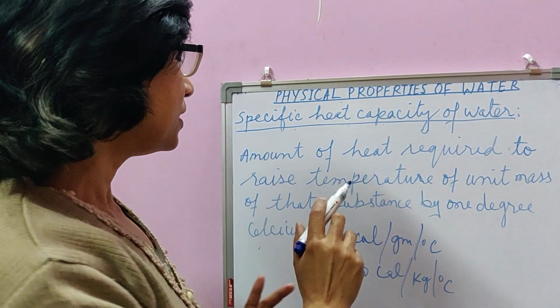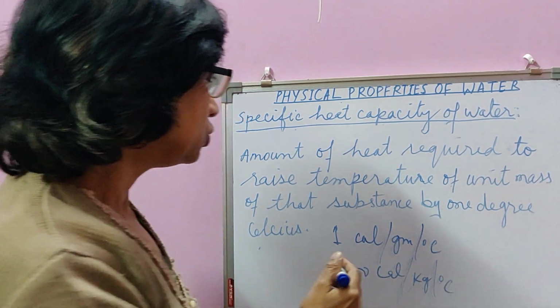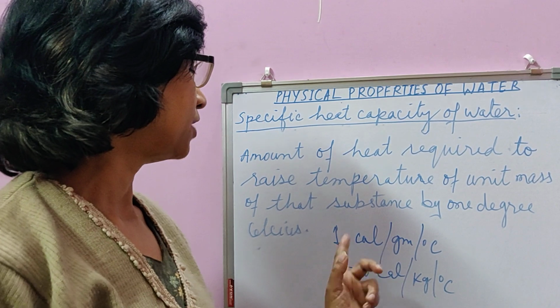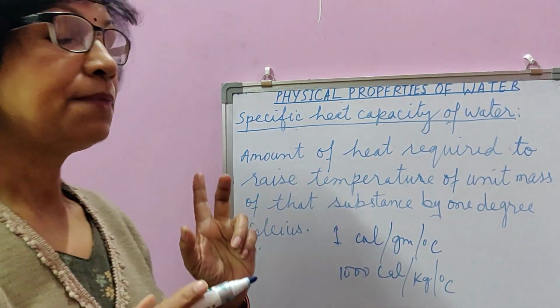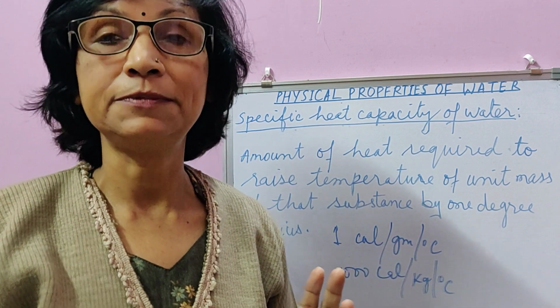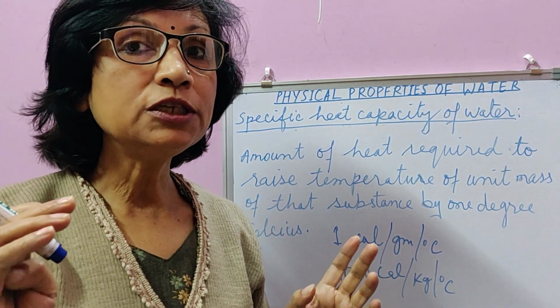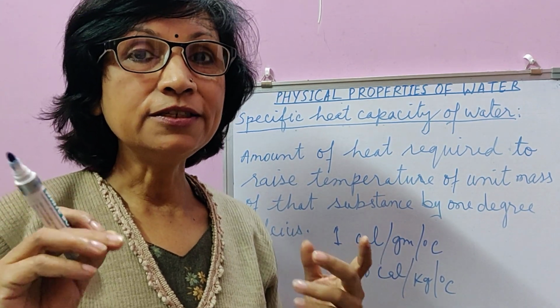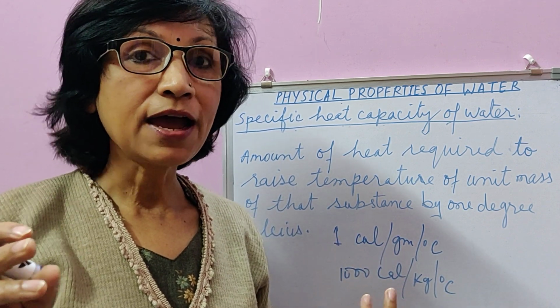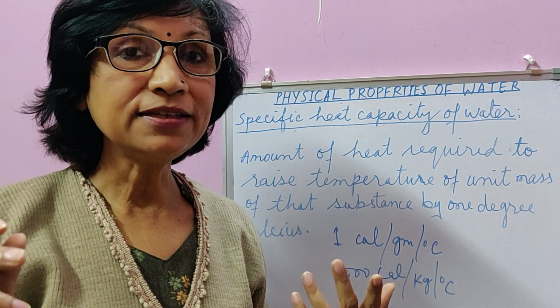Children, this amount seems to be very small, only 1 calorie per gram, but that is not the fact. Actually, specific heat capacity of water is very high in comparison to other pure substances. And due to this property of water, it is used as a very good cooling and also heating substance.